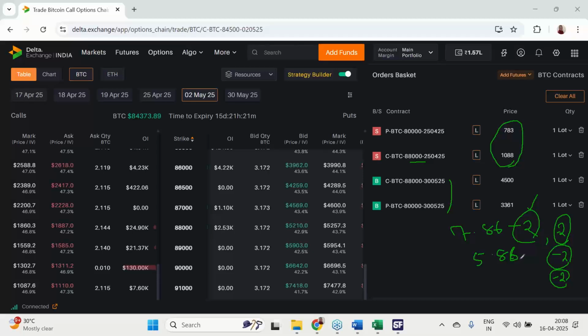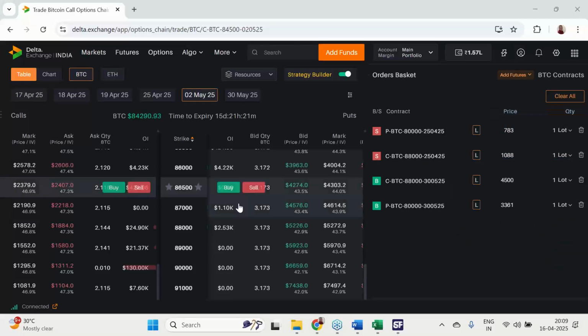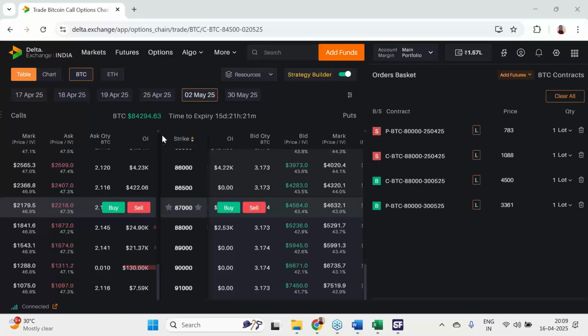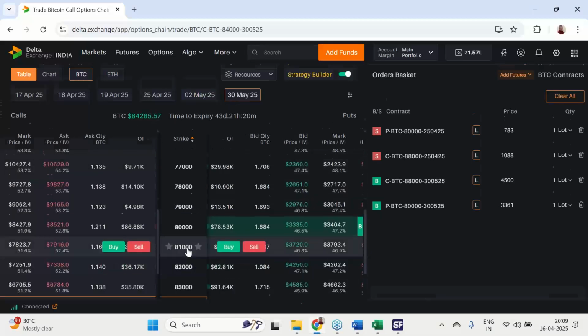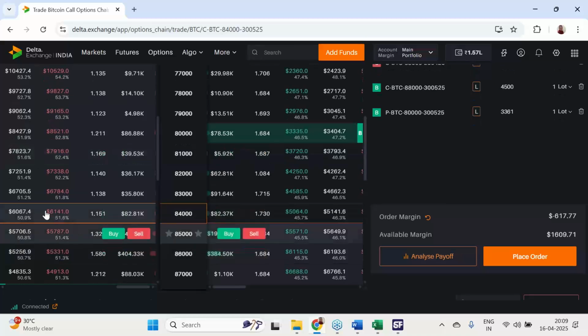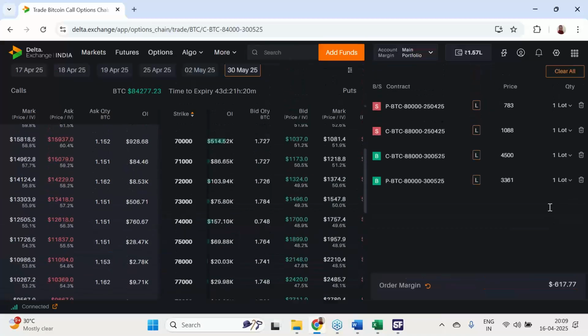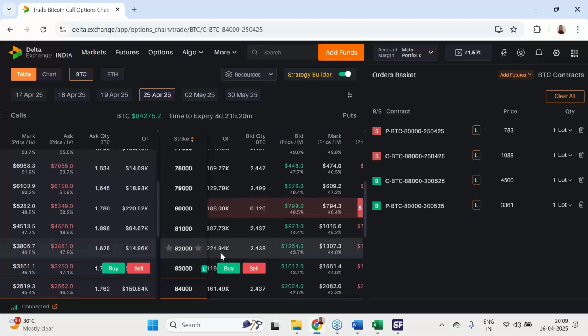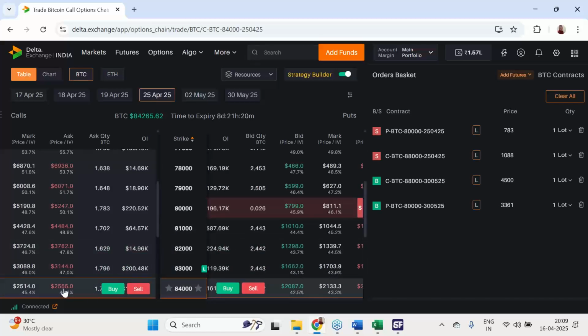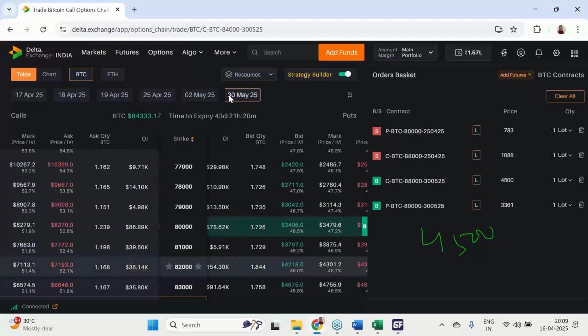I am going to make good money in that calendar. So now the calendar, how much theoretically will I make? If it doesn't work out, 3 to 4 weeks, I will get back my money. If this calendar works out, how much will I make? Now that also I can say. Now 84,200. So 30th May, 84,000 call is quoting at 6,000, and 25th April approximately the same 84,000 at 2,500, means the gap is 4,500 points.